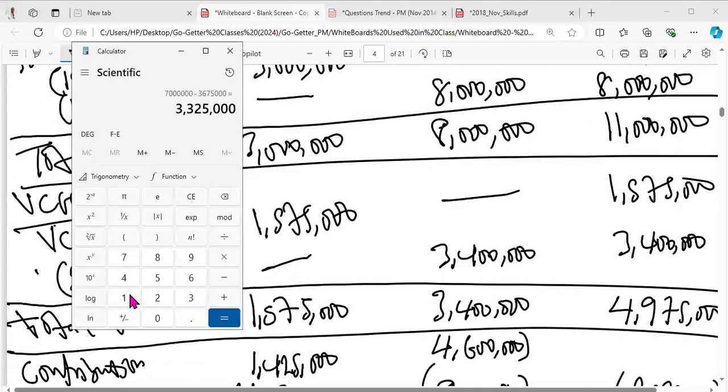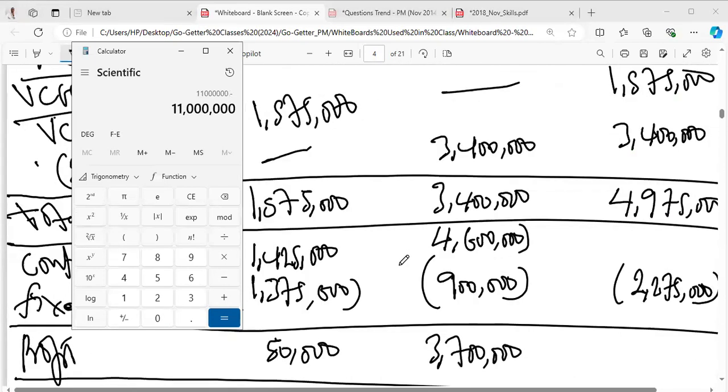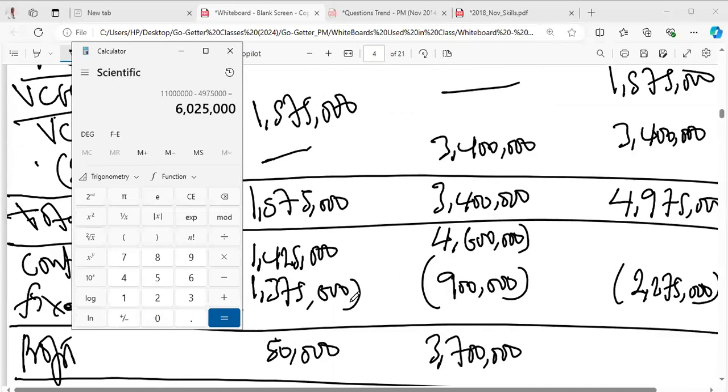So when you add these two together, or when you do it this way, total sales 11 million minus variable costs 4,975, you have contribution 6,025.